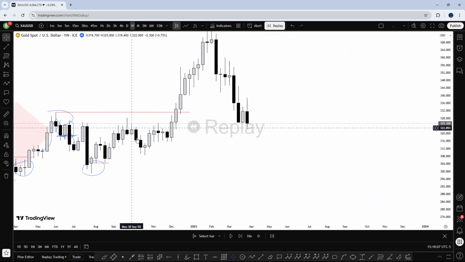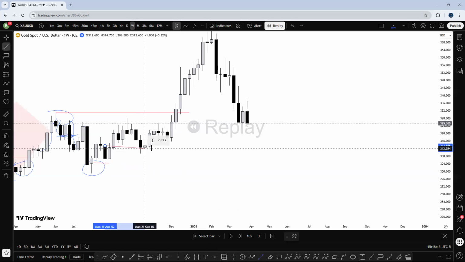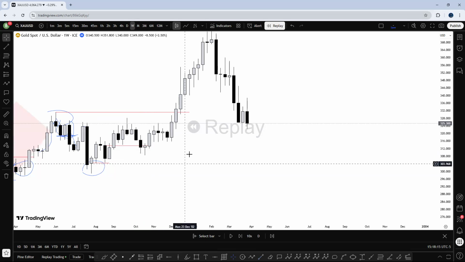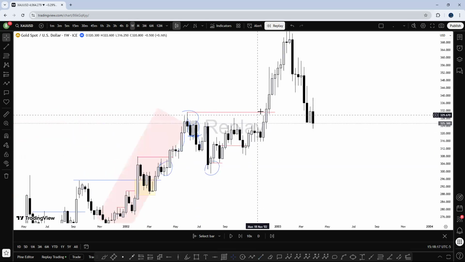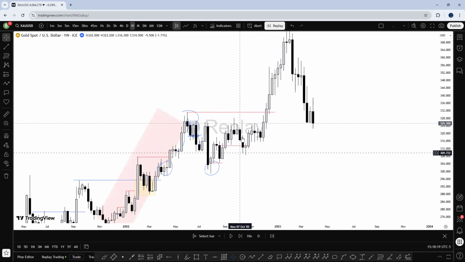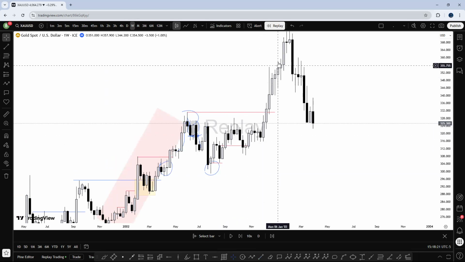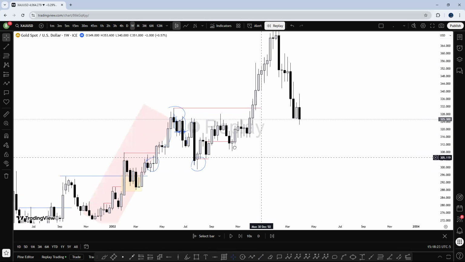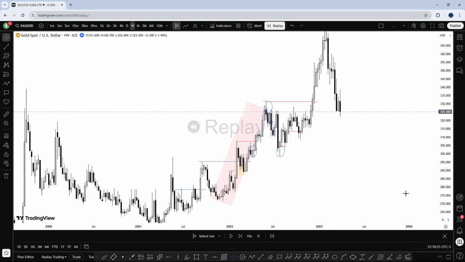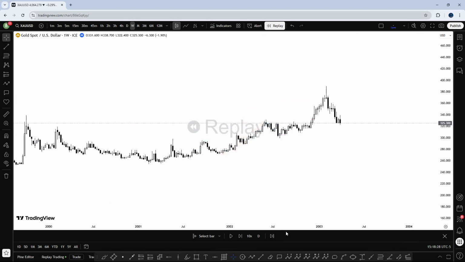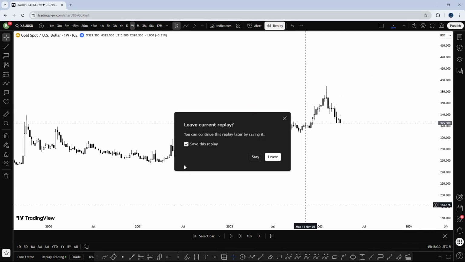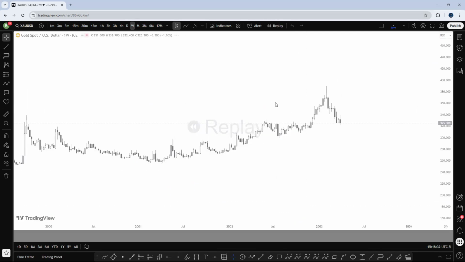Major pullback, maybe you can take a loss, for example, but you cannot if you understand all of these concepts we talk about. Then you use that structure to keep looking for opportunity to go higher.